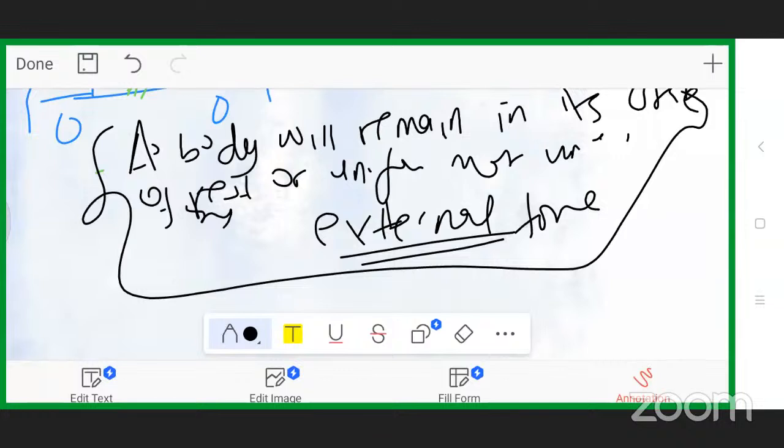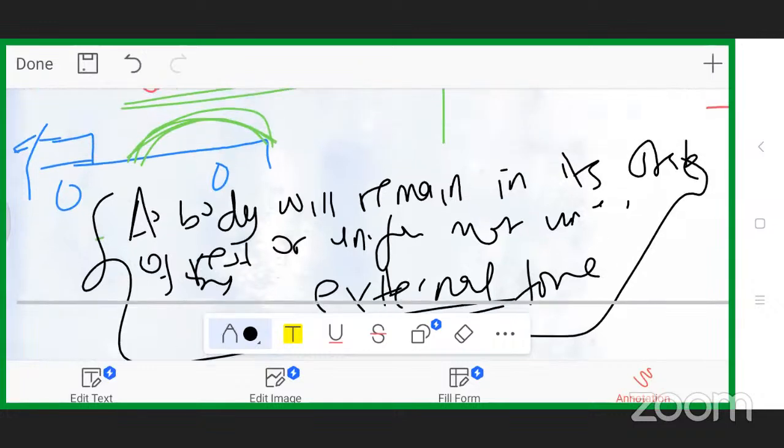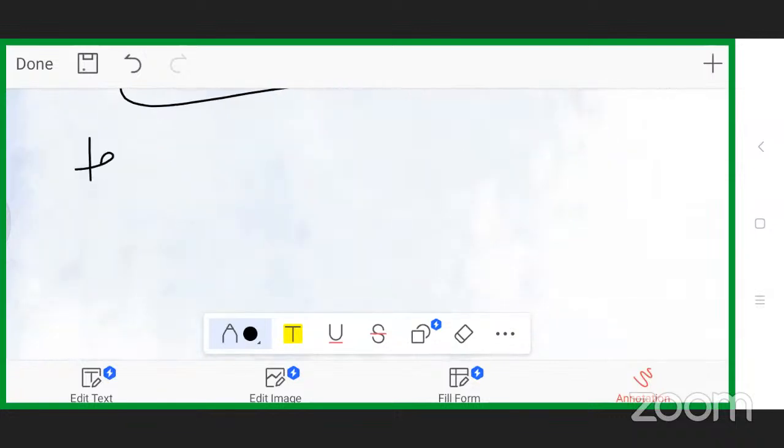Of course, we may not always experience this in a real case because of other things, like the frictional force and air resistance, which normally affect our motion. This tendency of a body to remain in its state of rest or motion is what we normally call inertia.